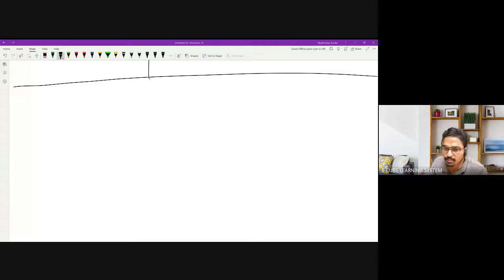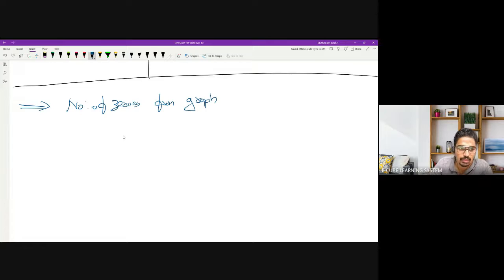Let me brief the chapter. The first concept we discussed is how to find the number of zeros from a graph. The second point was the method of factorization of a quadratic polynomial.